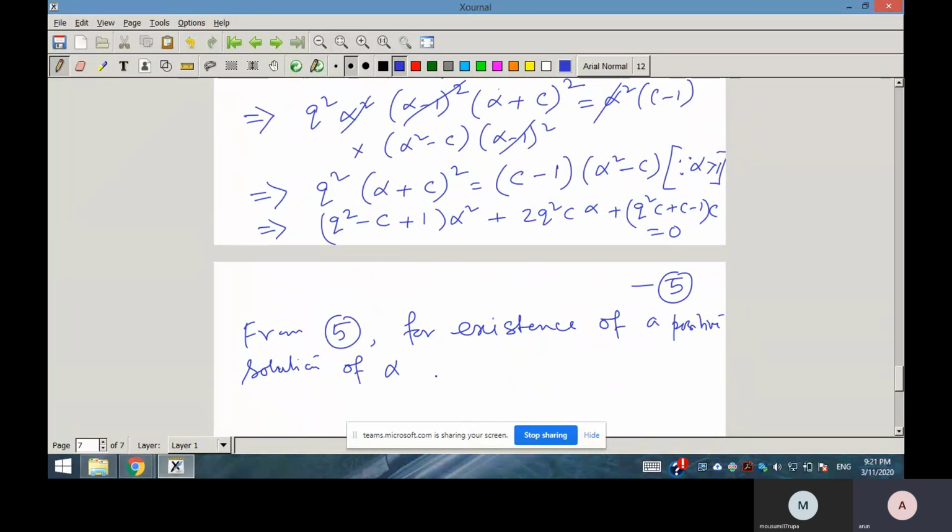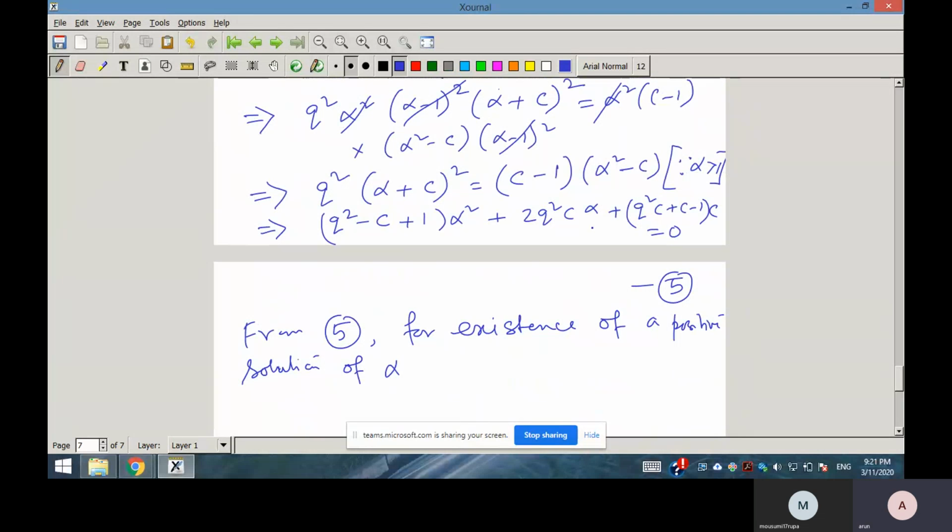And your q square c is greater than 0. So a positive root will be there if, what is the root for a standard second order equation? Ax square plus bx plus c: minus b plus minus root under b square minus 4ac divided by 2a.